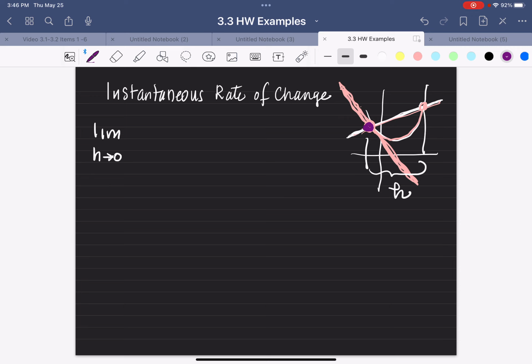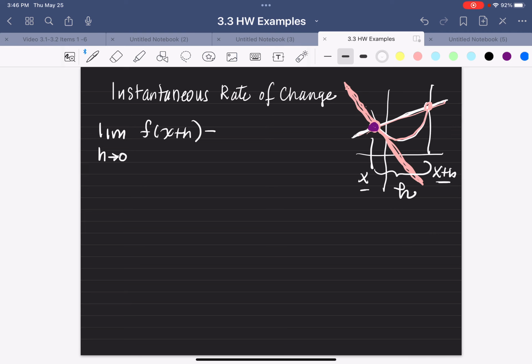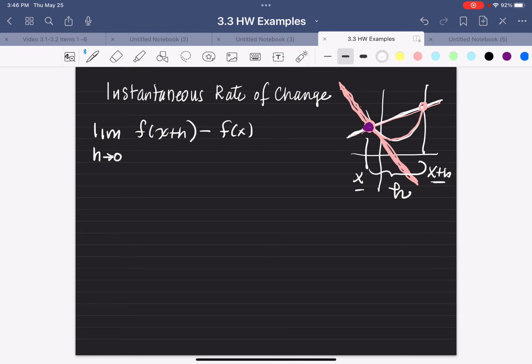So that's where the limit as h goes to 0 comes from. f of x plus h, well, that's the second x. If this is at x and this is h over, that's at x plus h, minus the function at the first, divided by h. And where does h come from? Well, it's the second x minus the first x. Well, the x's cancel out, and I just get an h.